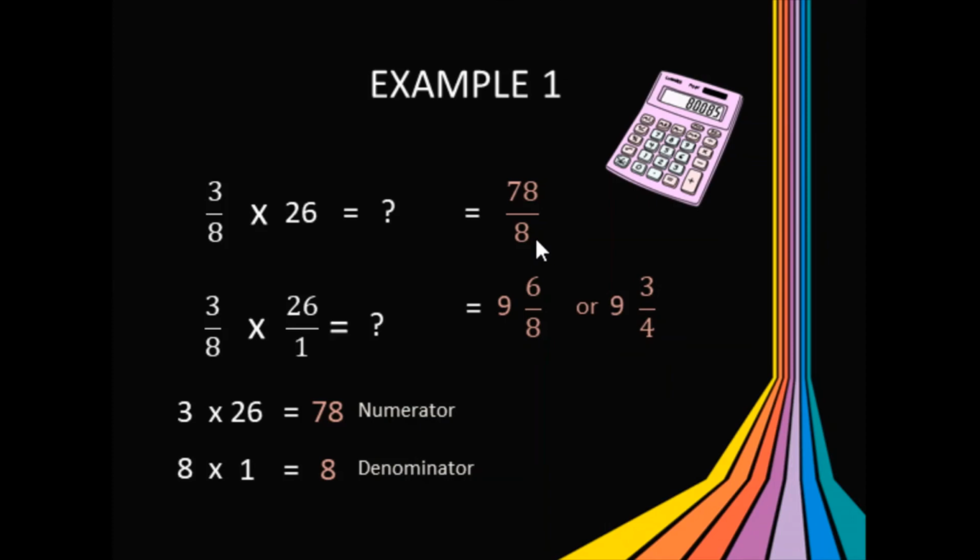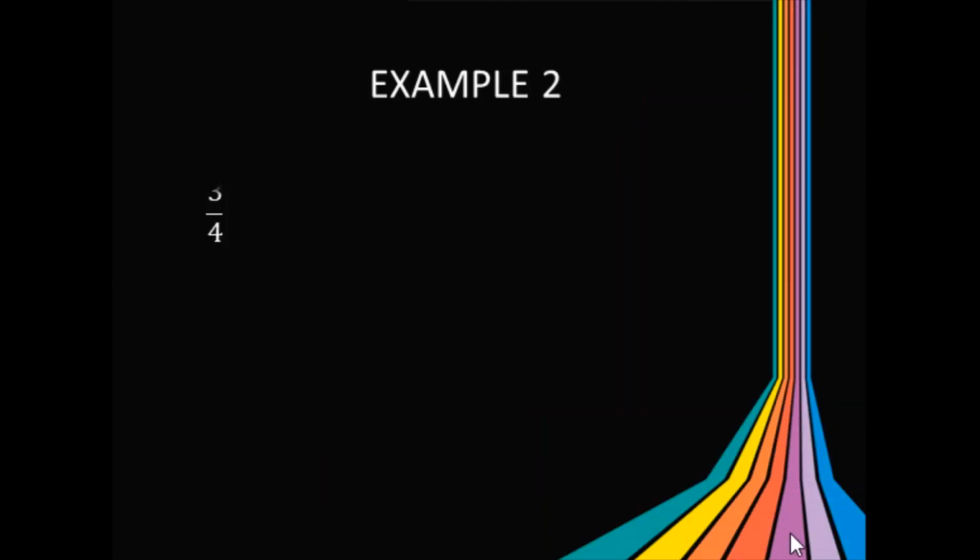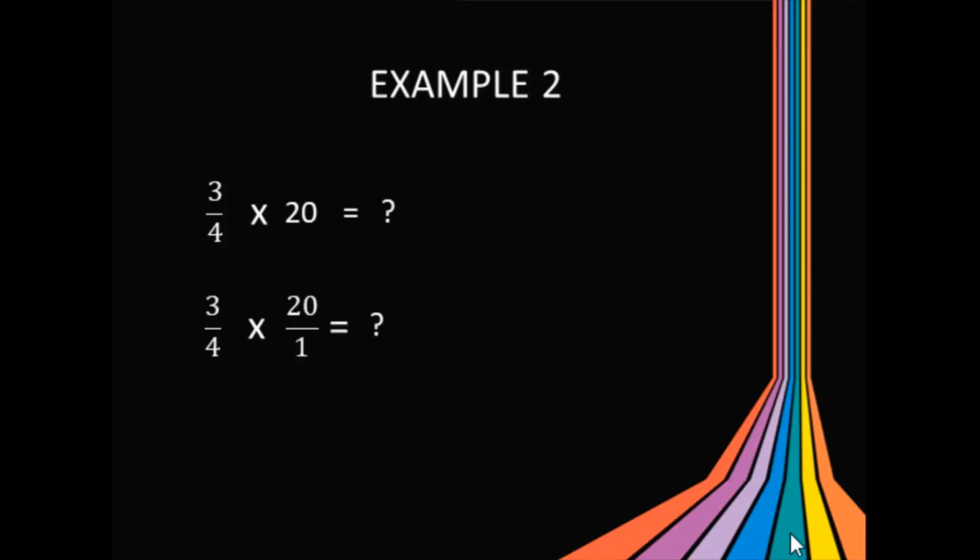9 and 3 fourths is the simplest form for 78 over 8. Example 2. 3/4 times 20. 3/4 times 20 over 1. 3 times 20 equals 60. 4 times 1 equals 4.